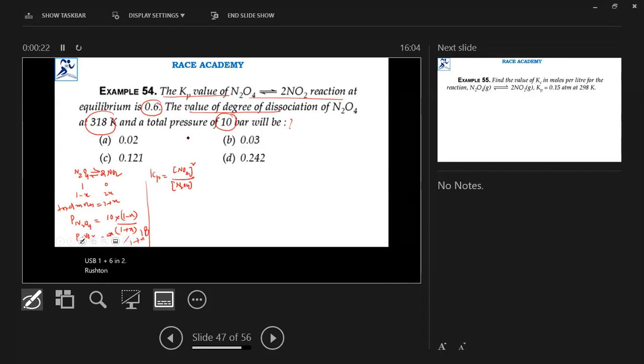So we will write NO2 as 2x by 1 plus x into 10, that is 20x by 1 plus x.